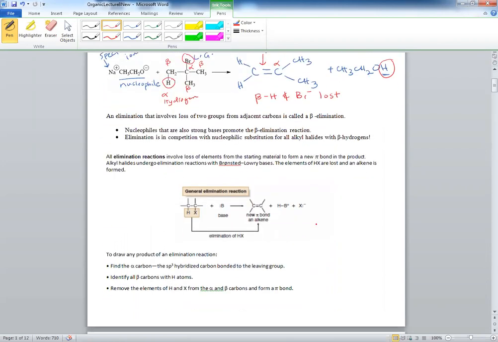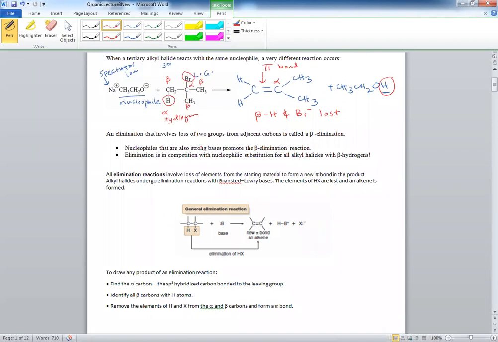A few things before we go on to the next video. An elimination reaction that involves the loss of two groups from adjacent carbons is called a beta elimination. So this process right here is called a beta elimination. Nucleophiles that are also strong bases promote the beta elimination reactions.